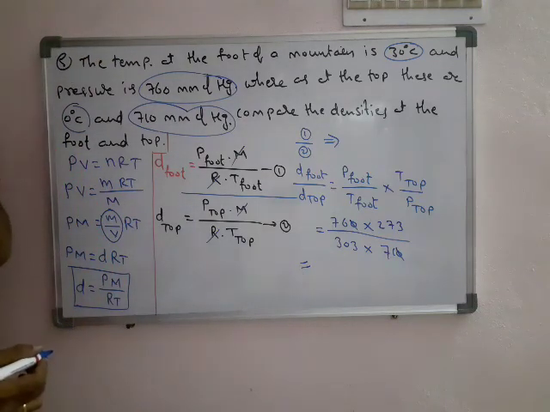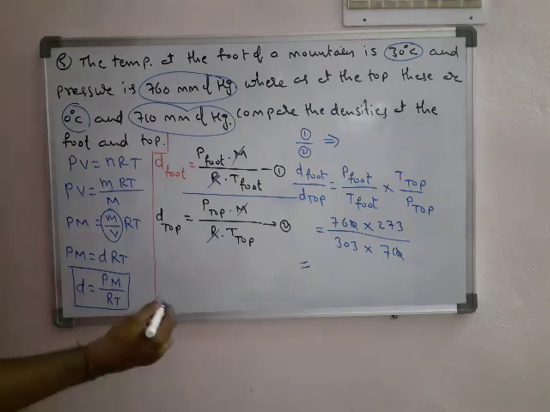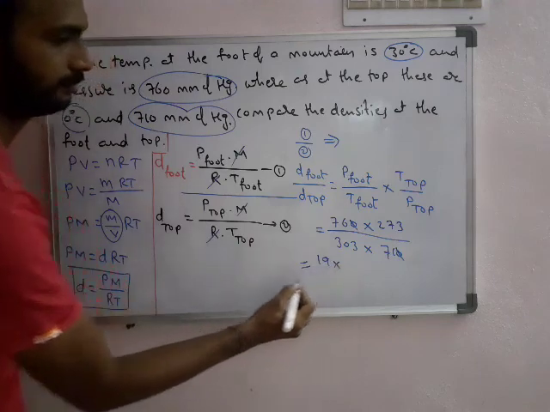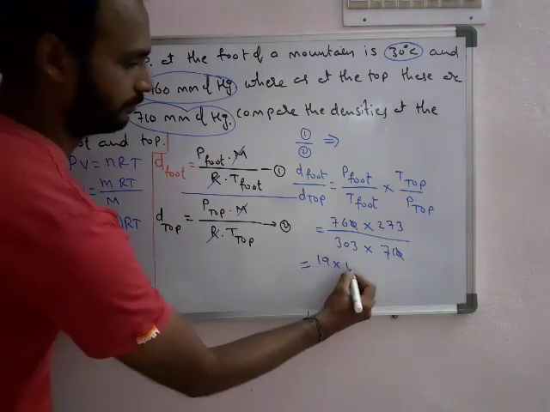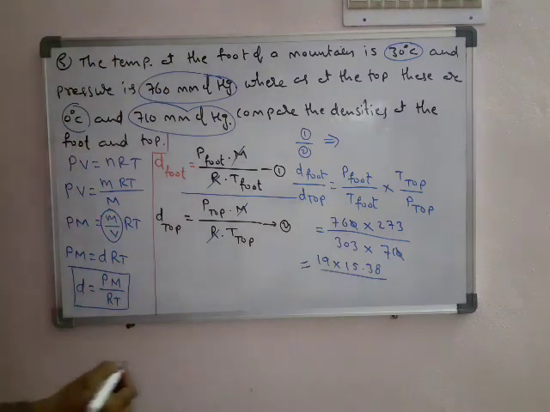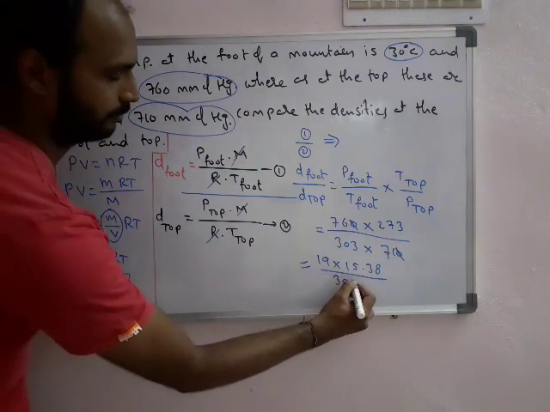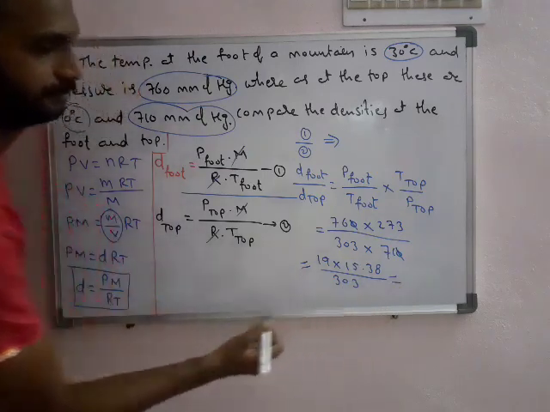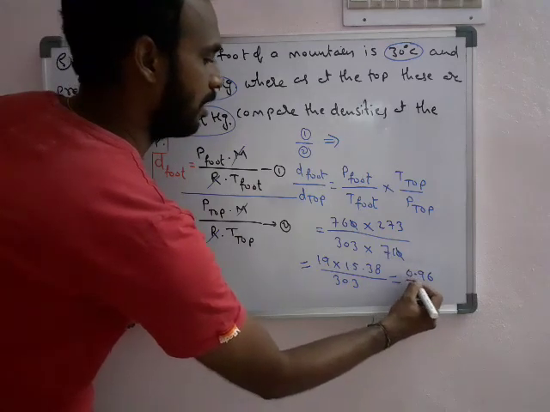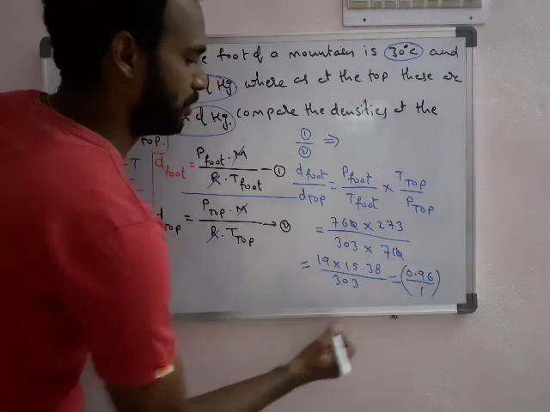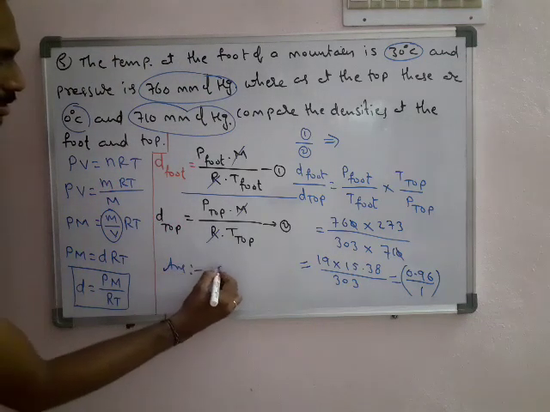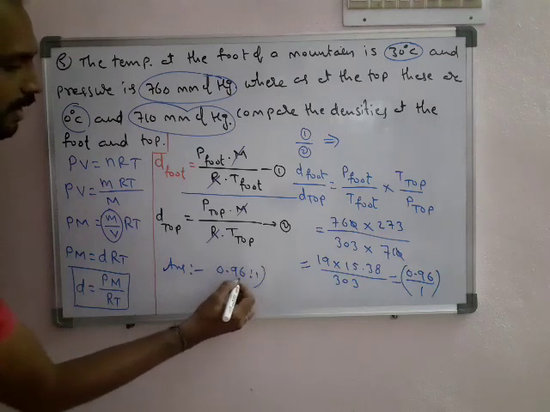So on this final calculation, approximately we will get 0.96 by 1. So this is the ratio, this is the comparison. Nothing but the answer is 0.96 is to 1.